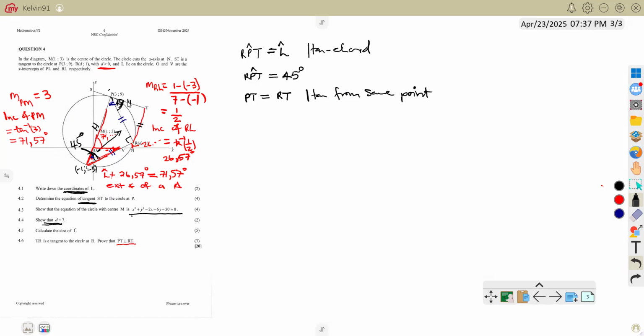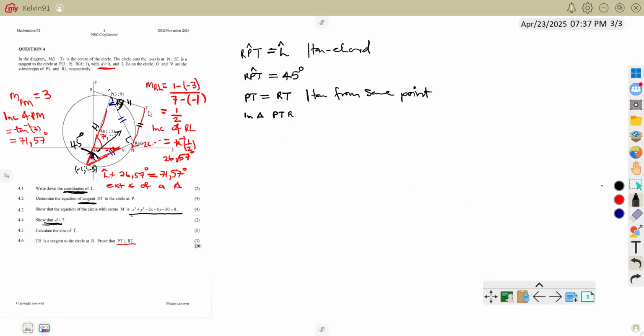Therefore, then you come to this triangle PTR, in triangle PTR. We have concluded PT is equal to TR. Therefore, we can conclude this is an isosceles triangle.